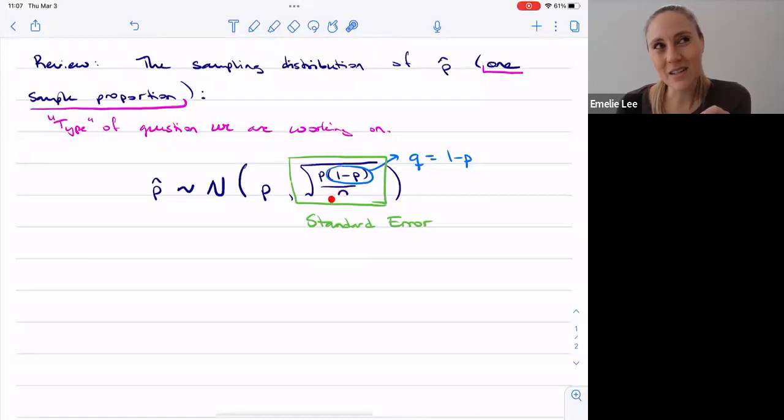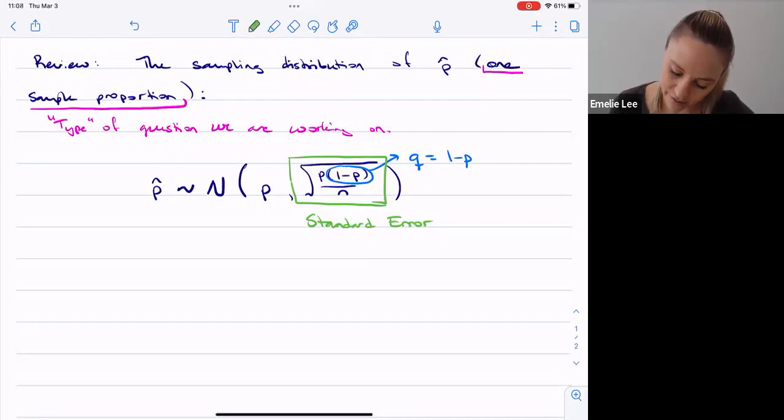But the standard deviation is specific to the distribution for one observation, right? And so for single observations, we can't use the word standard deviation. So we use the word standard error instead.